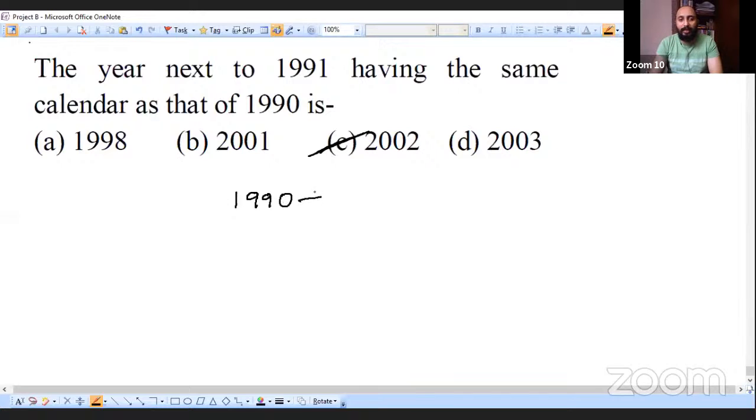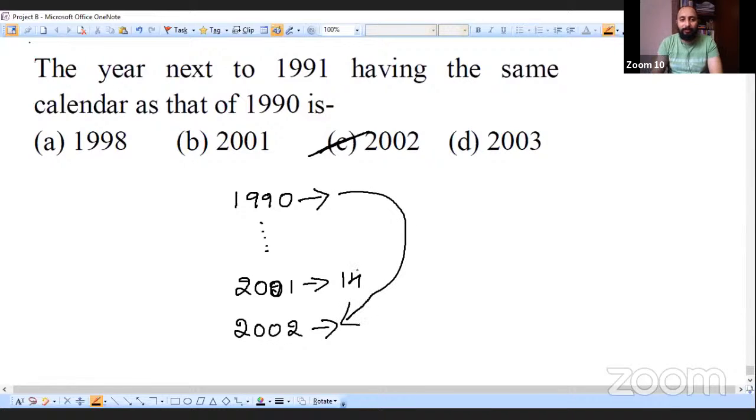So 1990, you can go on taking the values. At 2002, 2001, you will get it as 14. So at 2002, it will be the same as 1990. After 1991, 2002 will get the same value.